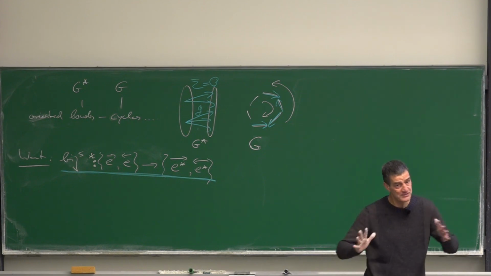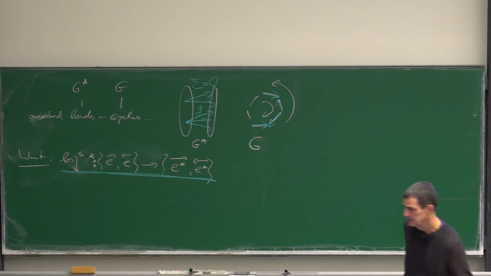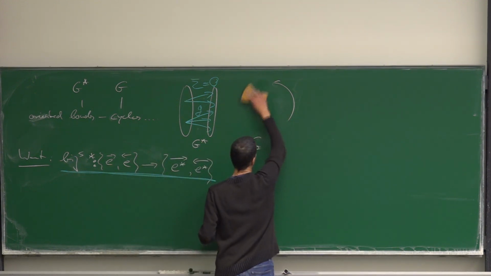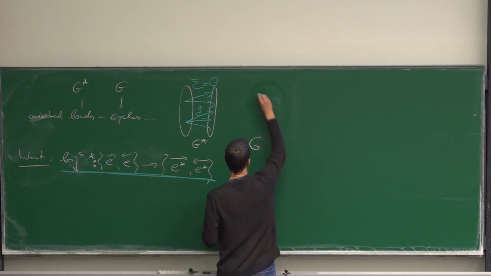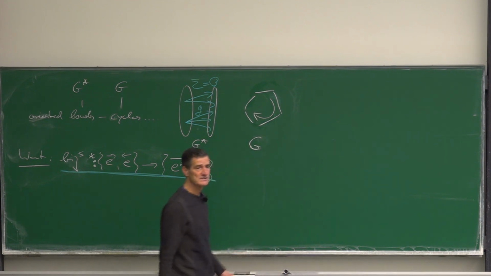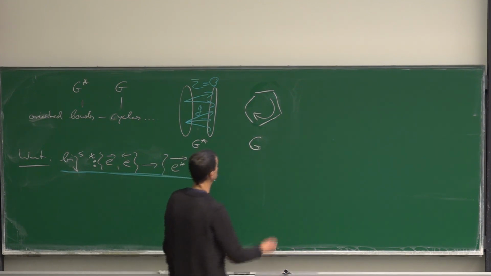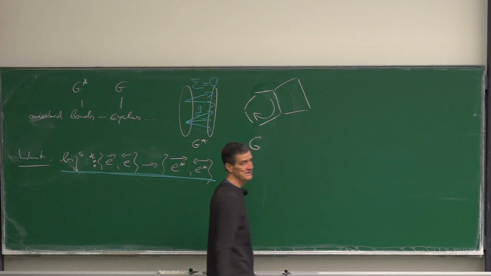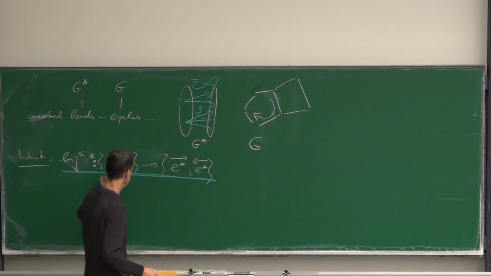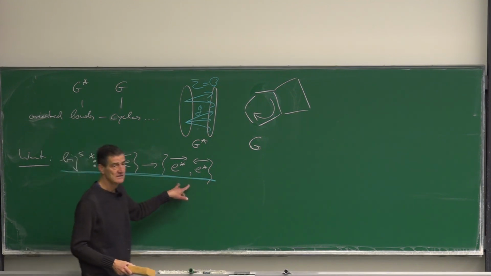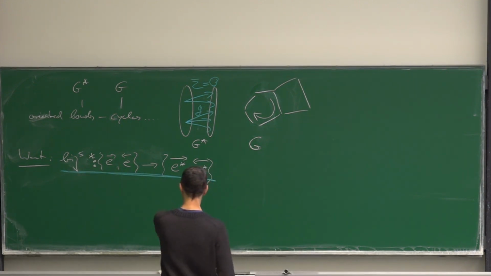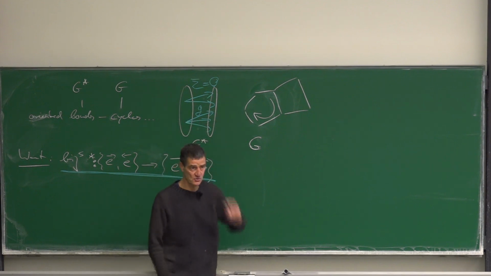So that's easy to do for a given cycle, but G has many cycles. So, for example, here is another cycle. And we want one set of bijections between these two sets, one for every unoriented edge E of G, one such set of bijections that works for all the bonds and all the cycles.